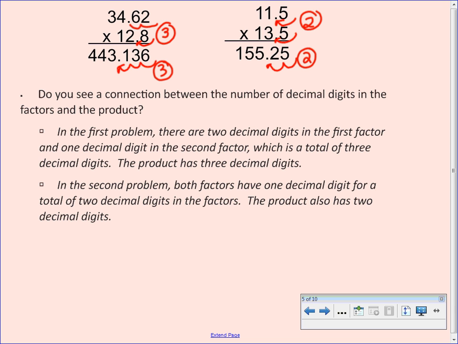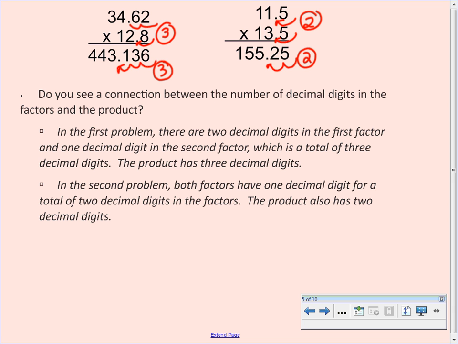So we see that the relationship is the number of digits, and you can write a sentence in the box on the bottom of your note page. You're not copying this, because this is what we just talked about. You're writing these notes down in the big box on the bottom of your note page.